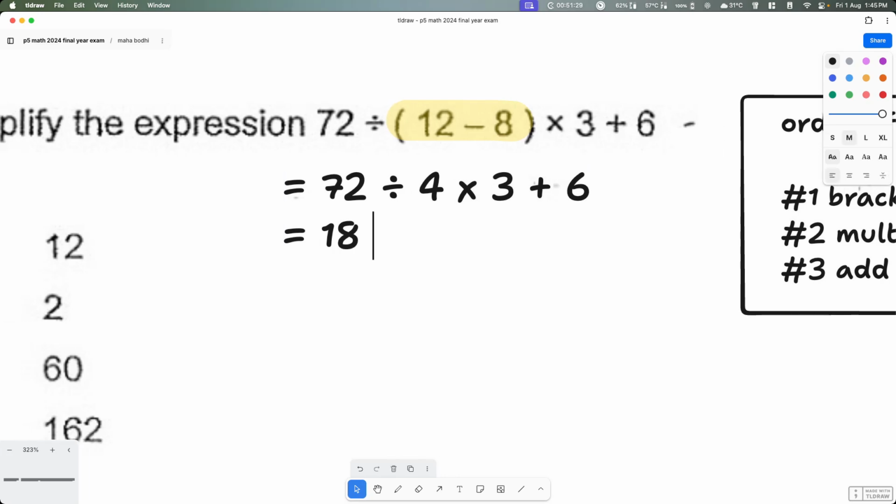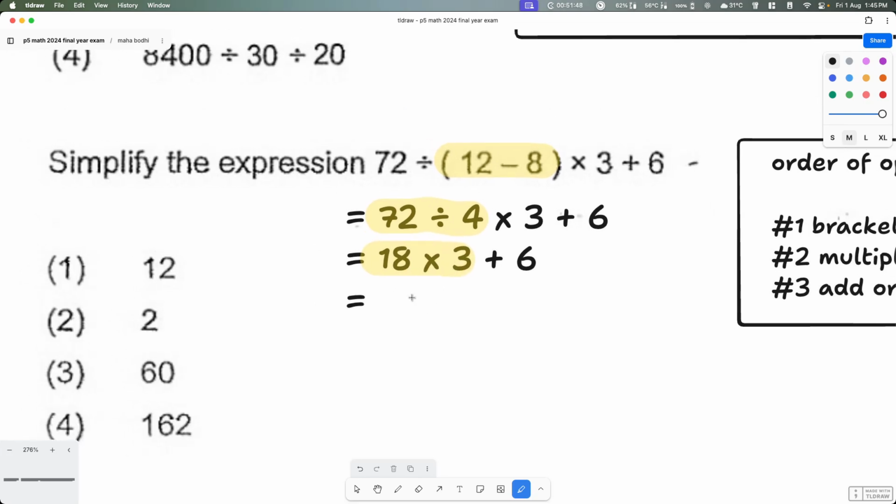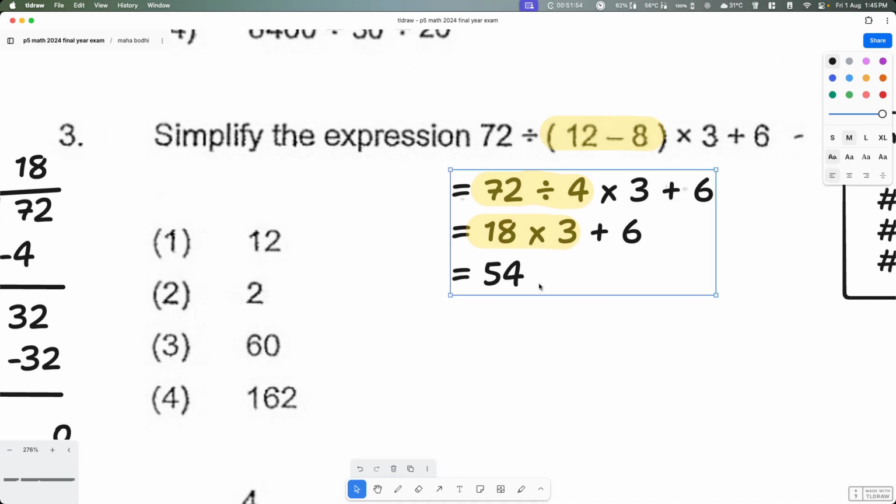Then you multiply by 3 plus 6. So I want to highlight 72 divided by 4 first, and then 18 times 3 second. So 18 times 3 is, if I'm not wrong, 54, but I have to double confirm. Plus 6 in this case.